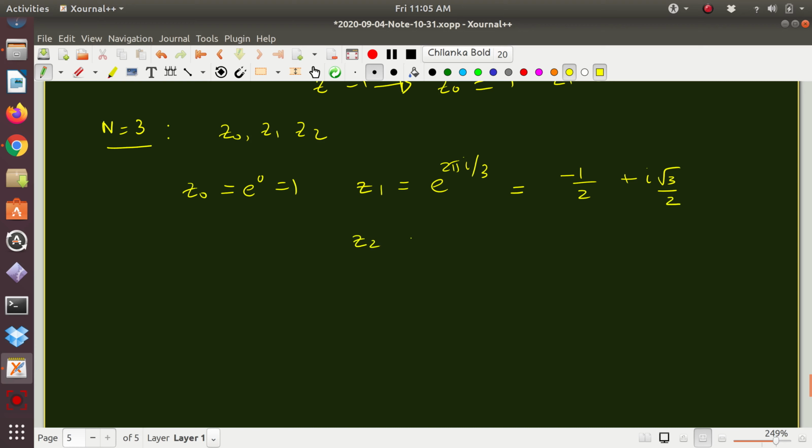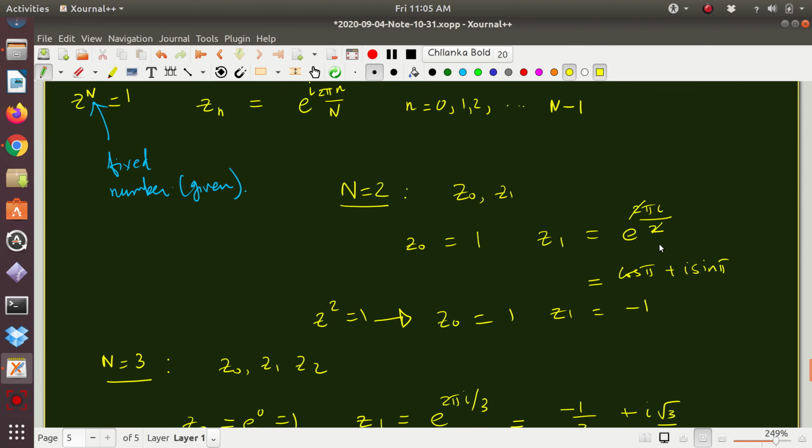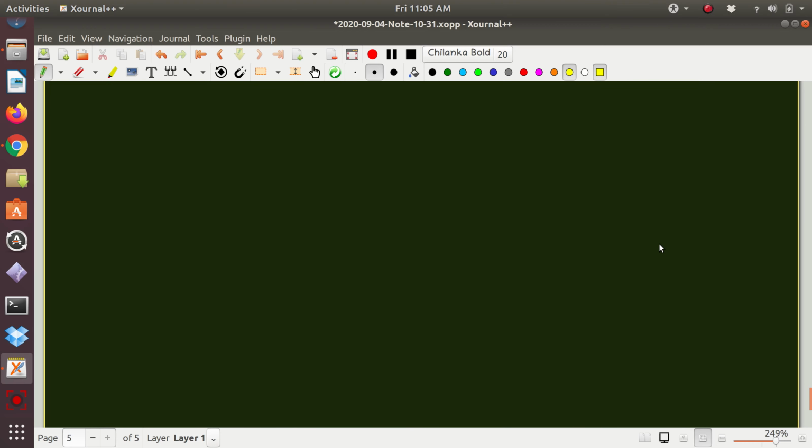And z2 is e to the 4 pi i upon 3, which is nothing but minus half minus i root 3 by 2. So this is how one finds the Nth root of unity.